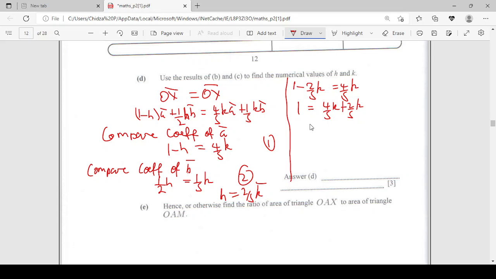So when you simplify, it becomes 1 is equal to 6/5 k, which implies that your k is equal to 5/6. Substituting that into this expression for h, you have h is equal to 2/5, where there was k, you are going to put 5/6, and you will have 1/3 when you simplify. So these are the values for h and k that you are being asked to find.